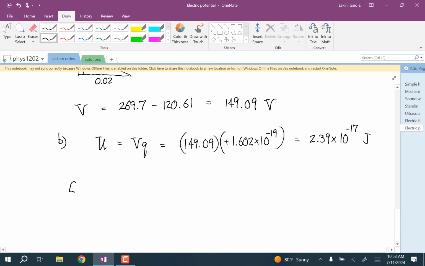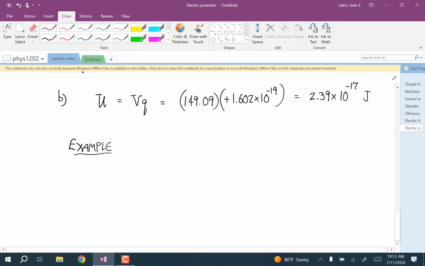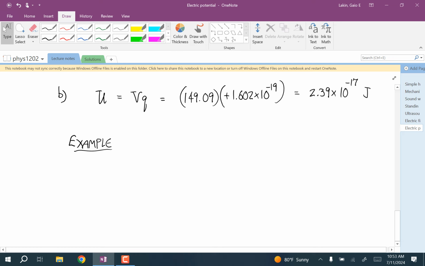Now I'm going to do an example where we have a function for the electric field. And so in this case, let's say we have parallel charged plates.